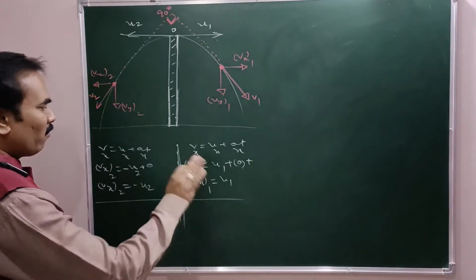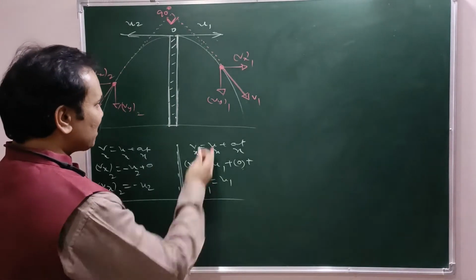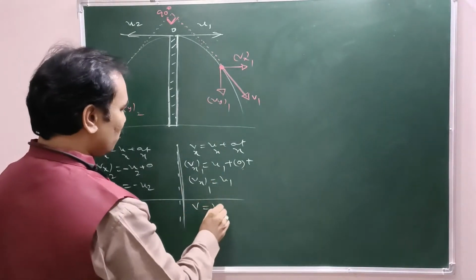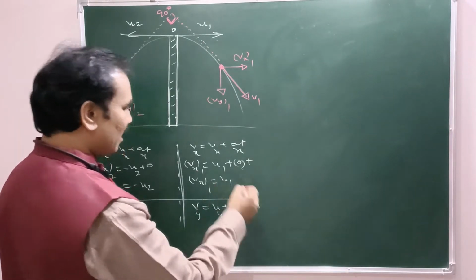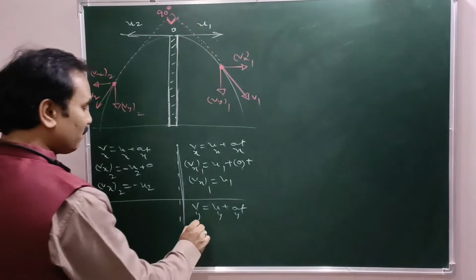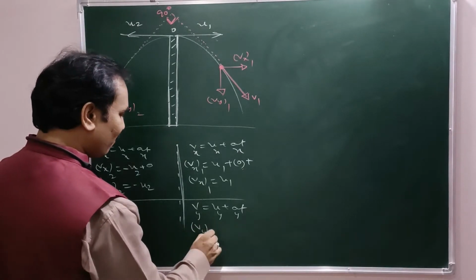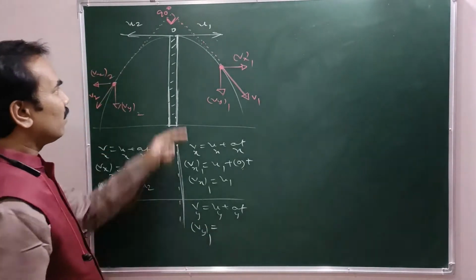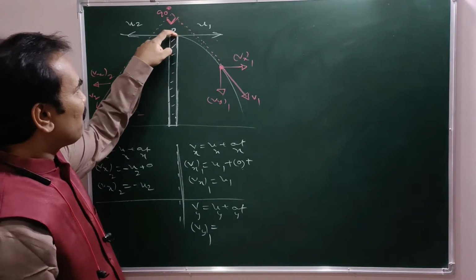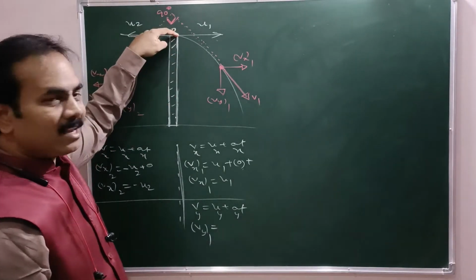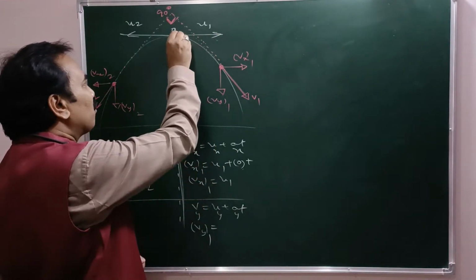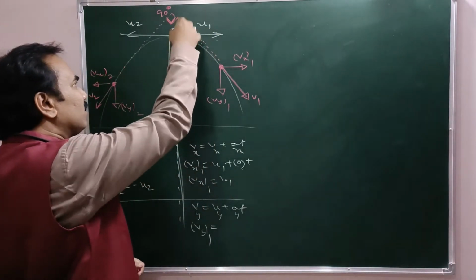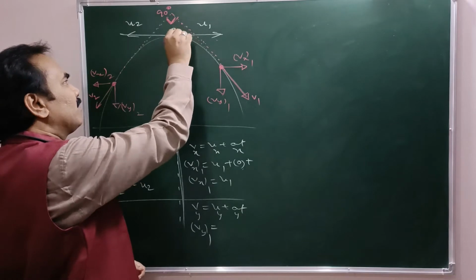Coming to y components, take the same expression for the first one, that is v equal to u plus at. That is vy equal to uy plus ay into t. What is the initial velocity along vertical here? That is 0. Why? Because the entire velocity is given along horizontal, so there is no component along y-axis at time t equal to 0.